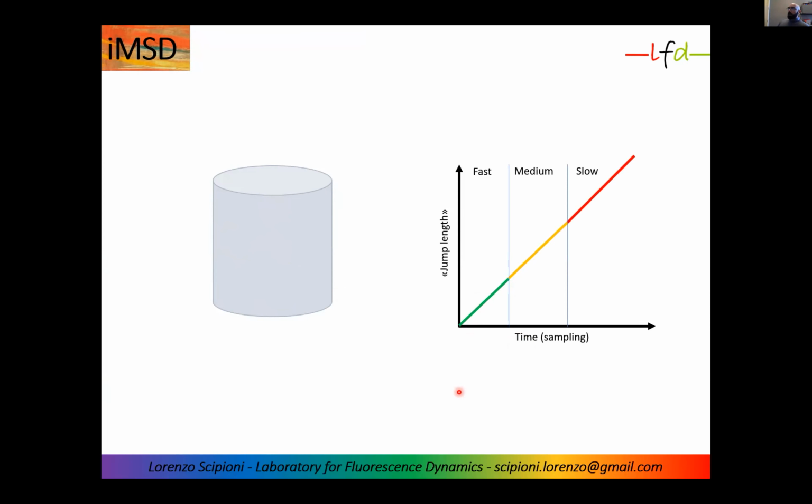In the presence of obstacles, short times mean short length, which means that the probe didn't travel enough to actually interact with the structure, so you will have the same slope as free diffusion. At longer times, it will report on the time it takes for the probe to cross all this structure, and then you will have some transition in between.